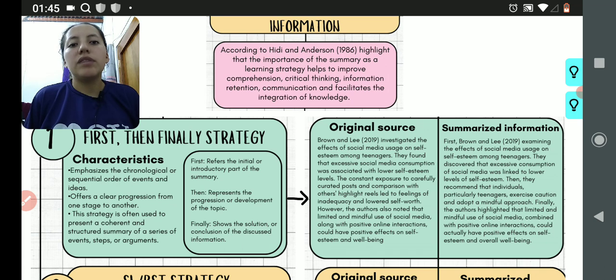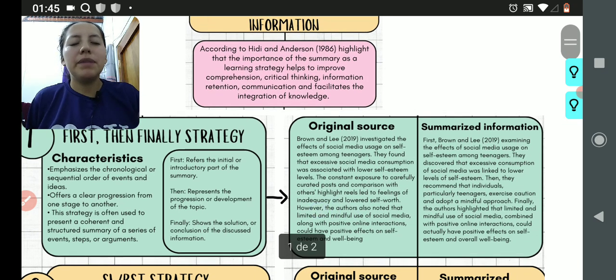The strategy is often used to present a coherent and structured summary of a series of events, steps, or arguments. This kind of strategy helps us to identify the order of the information.